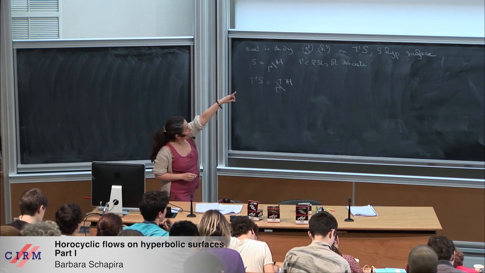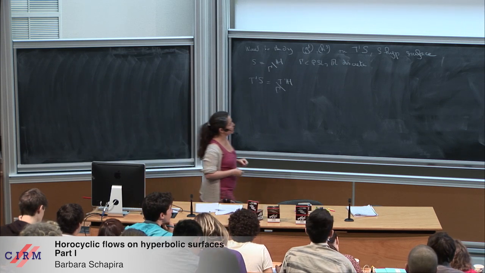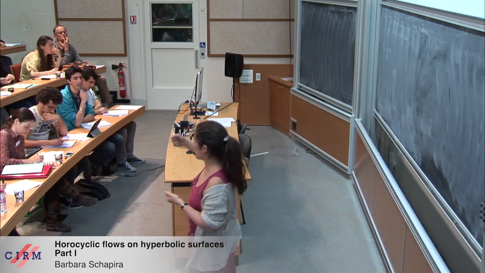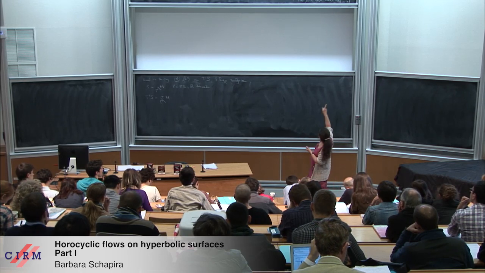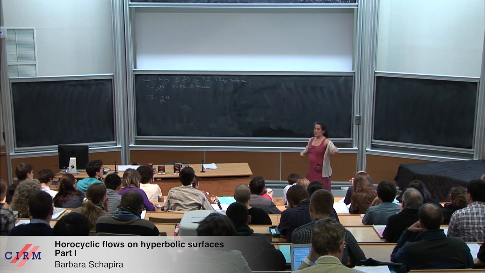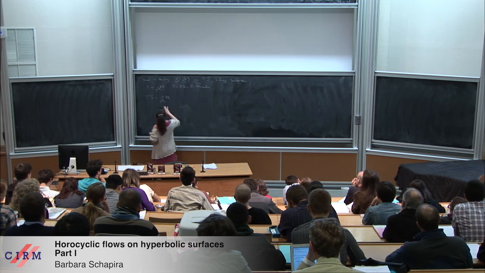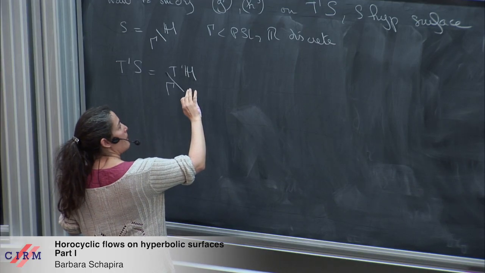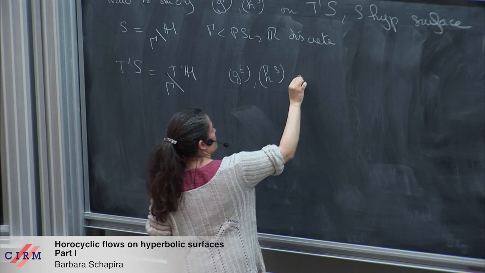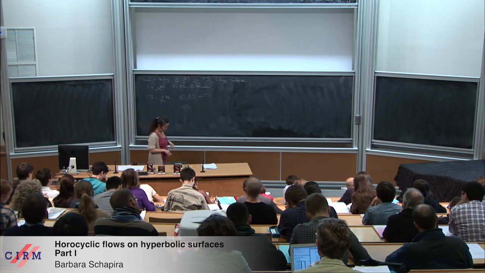You can see it by looking at the picture, or you can also, if you did the exercise showing that geodesic and horocycle flow correspond to multiplication on the right by certain one-parameter matrix flows, isometries act on the left, and so it commutes. But the geometric argument is enough, and so you have geodesic and horocycle flows acting on the unit tangent bundle of the hyperbolic surface.